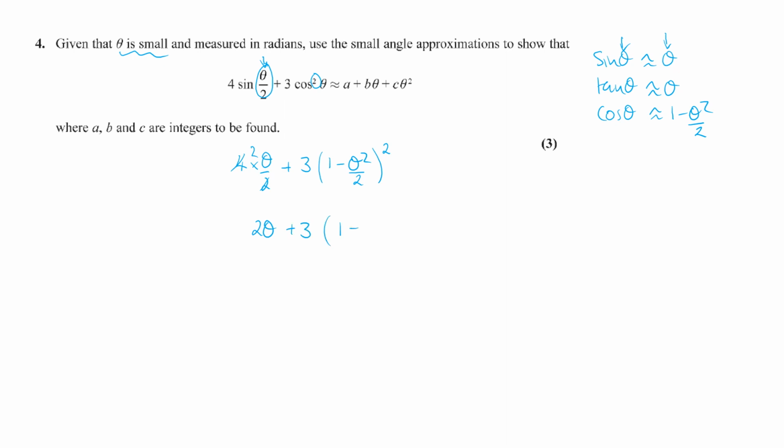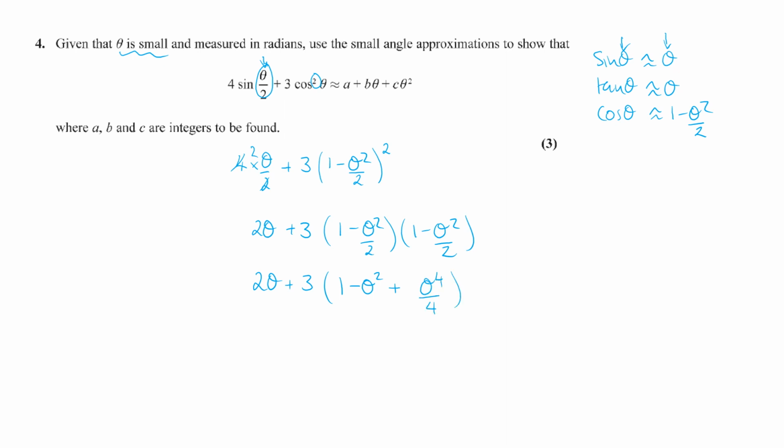Now if we do 1 minus theta squared over 2 and times that bracket out, we're going to get 2 theta plus 3, and then we're going to get 1, and then minus a half theta squared minus another half theta squared is minus a whole theta squared, and then you'd also get plus theta to the 4 over 4.